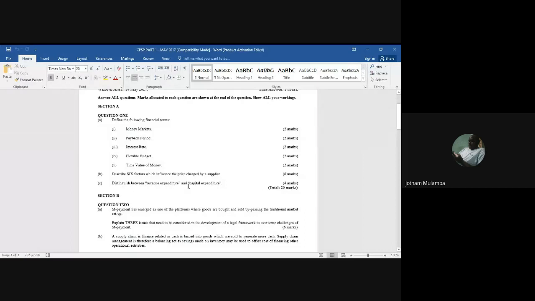Who is willing to give us the first difference between capital expenditure and revenue expenditure? I can try. Yes, go ahead.